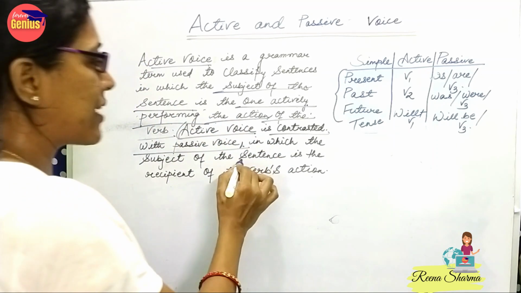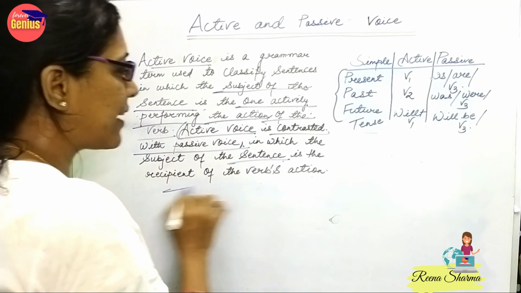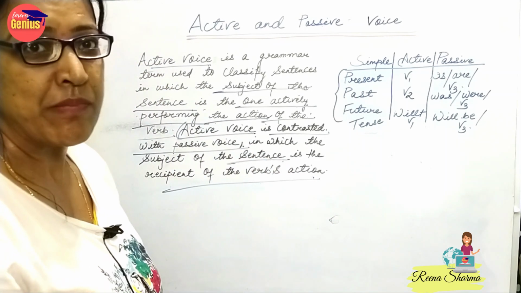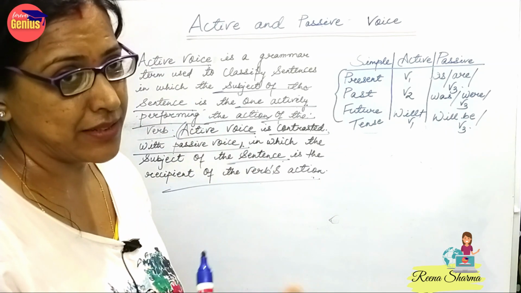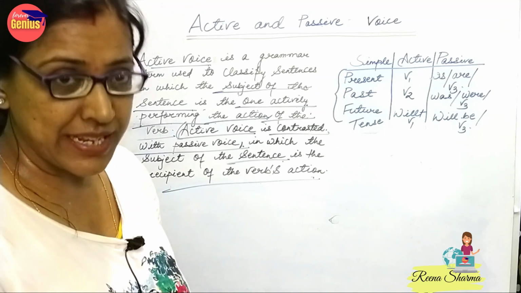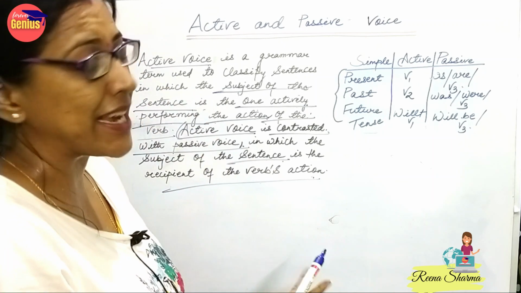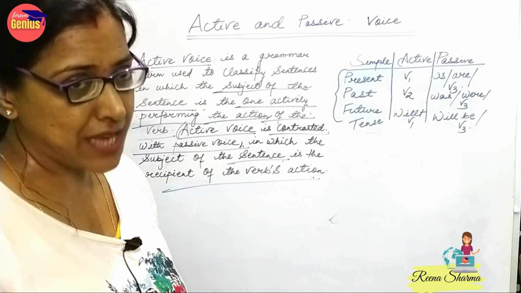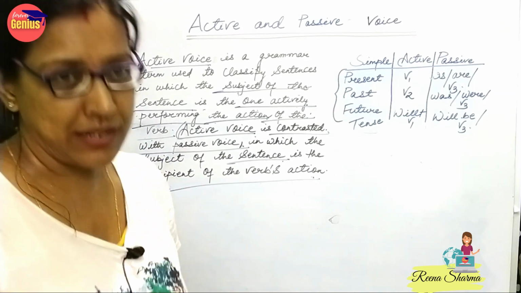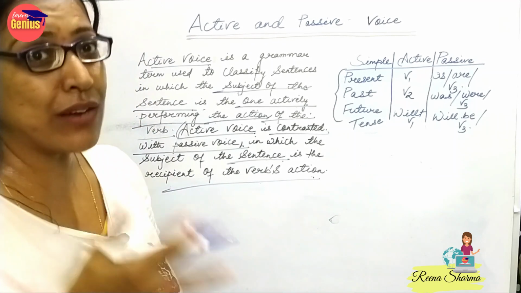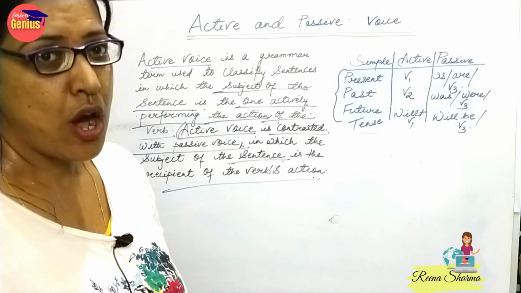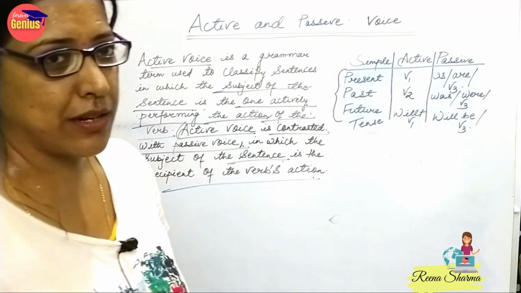So now here the subject becomes the receiver. Whereas in first case, in case of active, the subject was a giver, or the doer, the one who was doing the action or performing the action.